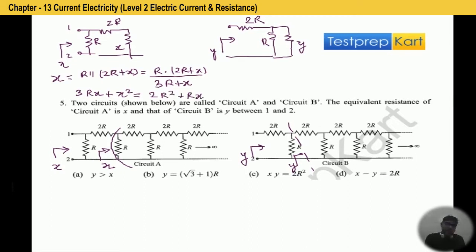Okay, so it is X square plus 2Rx minus 2R square equals 0.